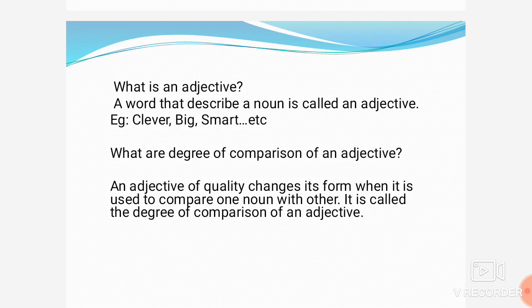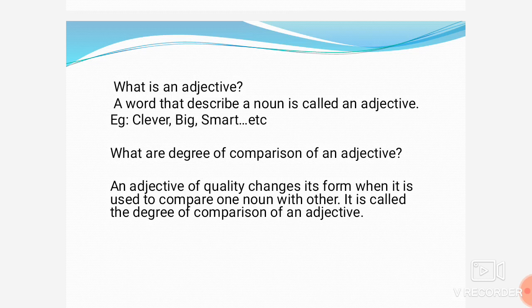Now let's see what are degrees of comparison of an adjective. An adjective of quality changes its form when it is used to compare one noun with another. It is called the degree of comparison of an adjective.